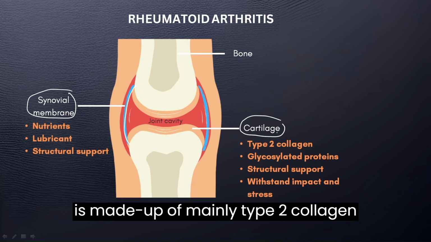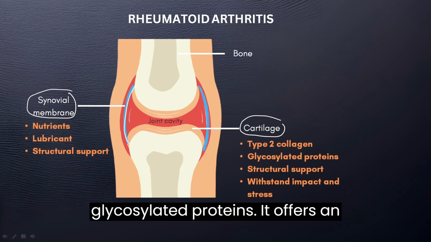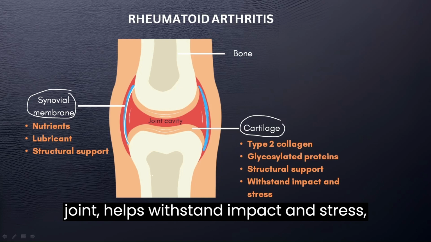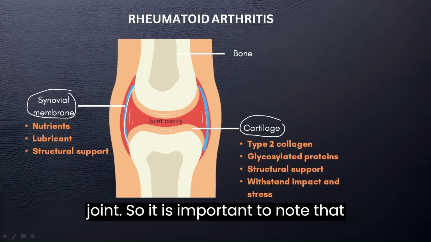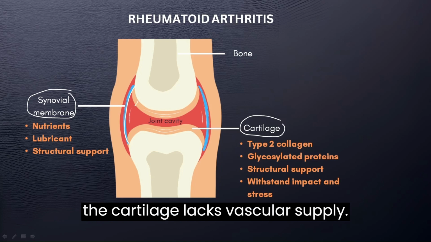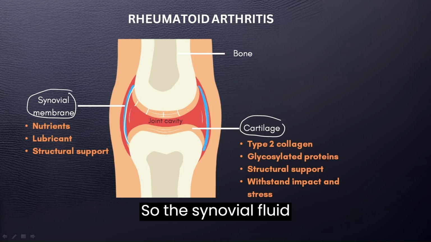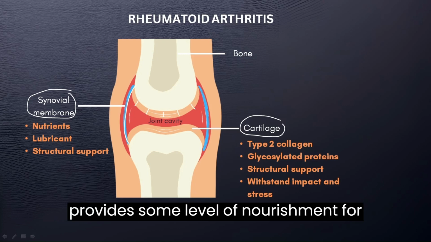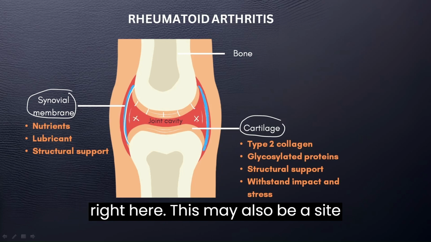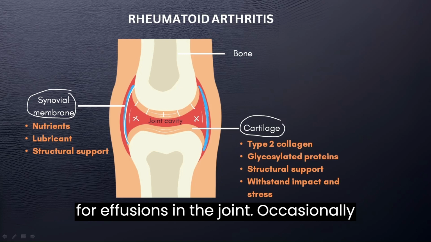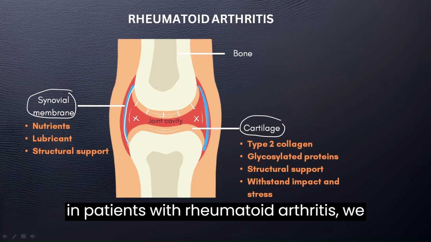This is made up of mainly type 2 collagen and glycosylated proteins. It offers important structural support for the joint, helps withstand impact and stress, and distributes it evenly across the joint. It is important to note that the cartilage lacks vascular supply, so the synovial fluid provides some level of nourishment for the cartilage. The joint cavity we see right here may also be a site for effusions in the joint occasionally in patients with rheumatoid arthritis.